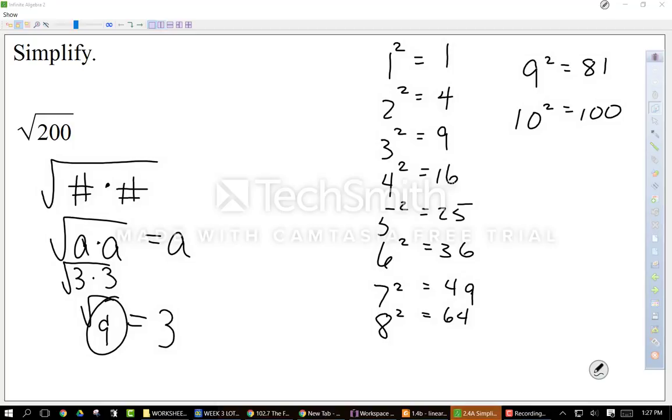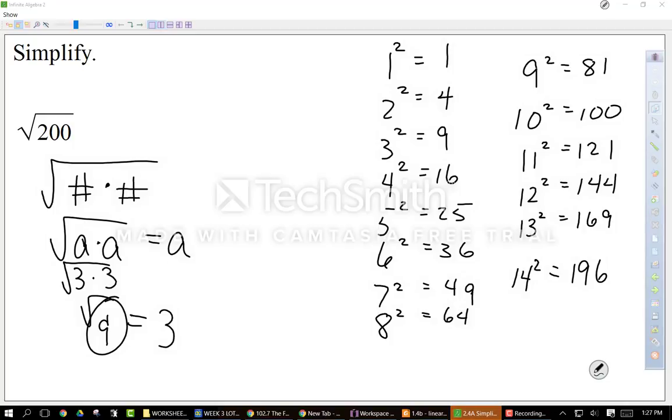Now come the harder ones because the numbers start getting larger. 11 squared is 121. 12 squared is 144. Again, those might be memorized as well, but now come ones that we probably don't know. 13 squared is 169. 14 squared is 196.